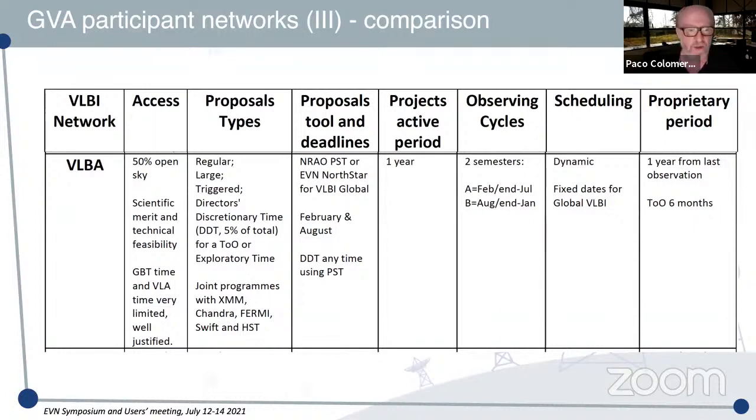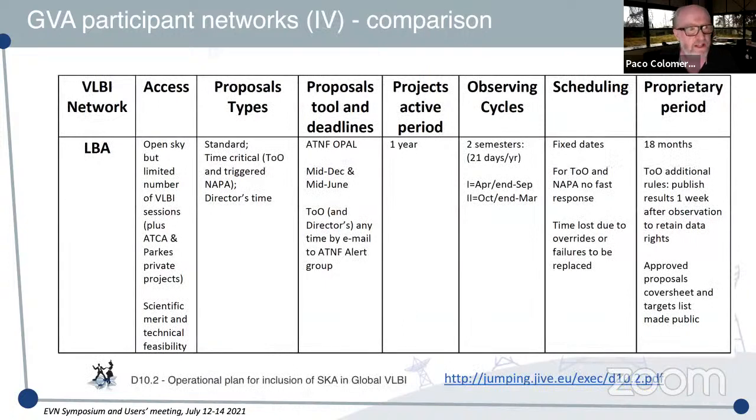So we can exploit the different strengths of each of the networks. The EVN, for example, observes in real time, being the only one that does. The Southern Hemisphere Long Baseline Array is especially important for sources of very southern declination. So all of them have specific advantages, and all of them can also exploit the synergies.